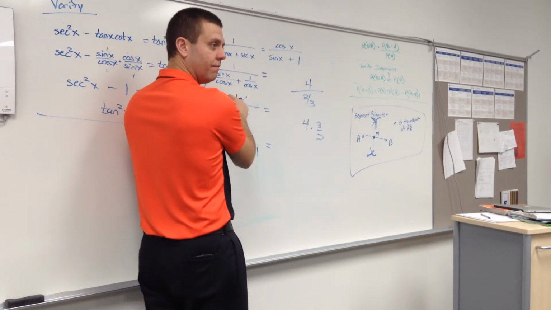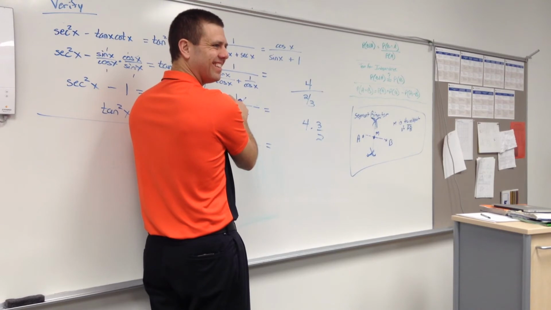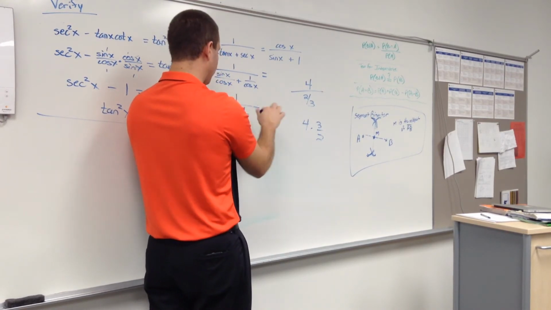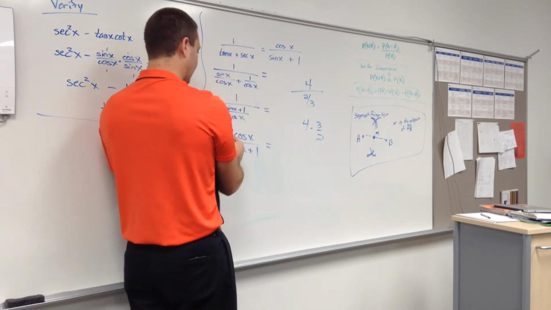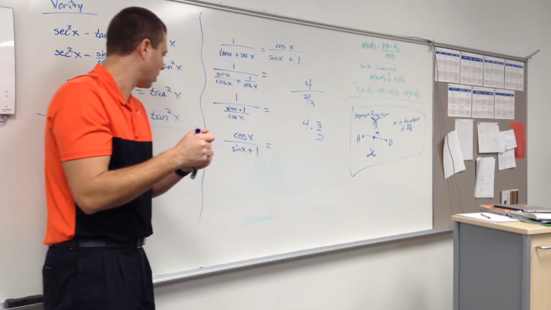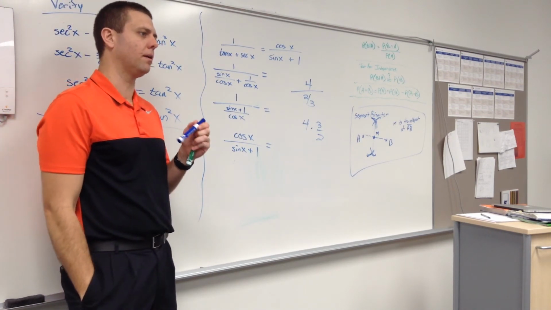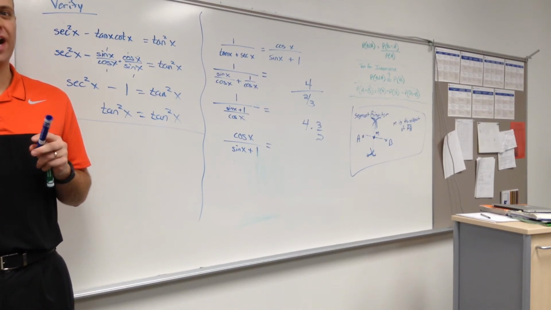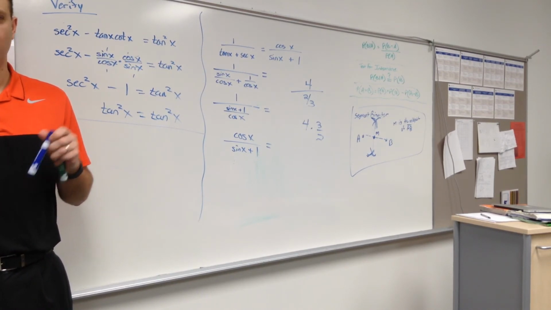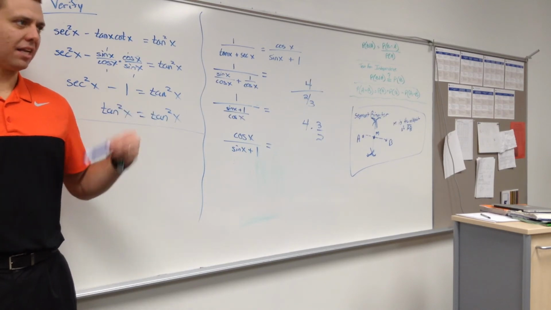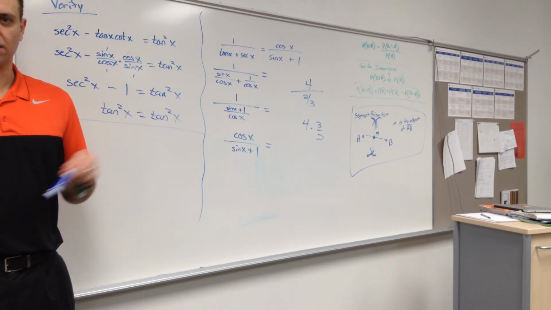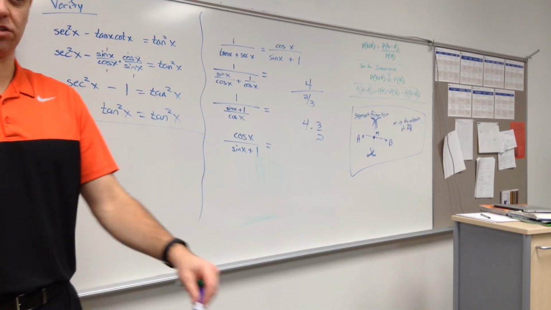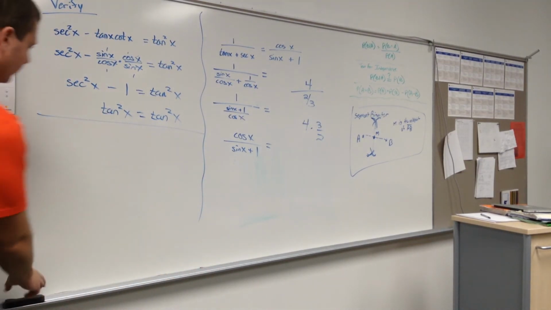I'm taking 1, and I'm multiplying it by the reciprocal of the bottom. So 1 times cosine x over sine x plus 1 would obviously equal cosine x over sine x plus 1. That help, Andy? Anybody else question on fractions? All your fraction work is going to come into play here. Making common denominators, adding, subtracting, multiplying, dividing. And you don't really have a calculator to help you with it, so we got to be good at working with fractions here.